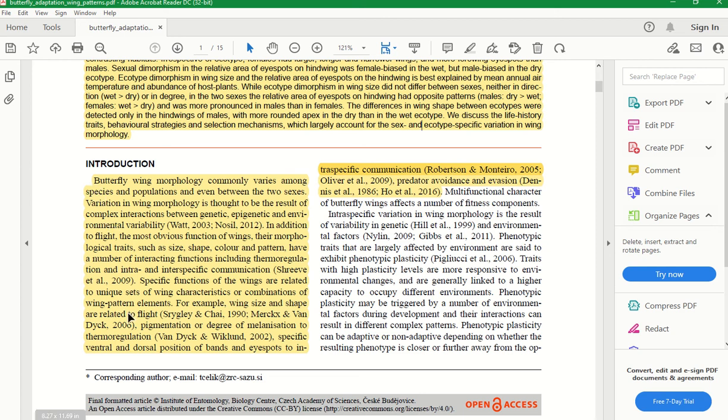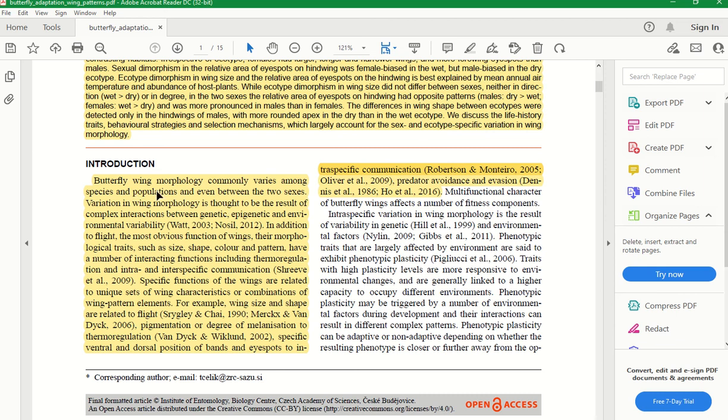So this little bit reads, butterfly wing morphology commonly varies among species and populations and even between the two sexes. So what this means is that the morphology, the size and shape of the wings, of butterflies can vary among species. What they mean there by saying among is in the same species, between species, as we'll talk about later.